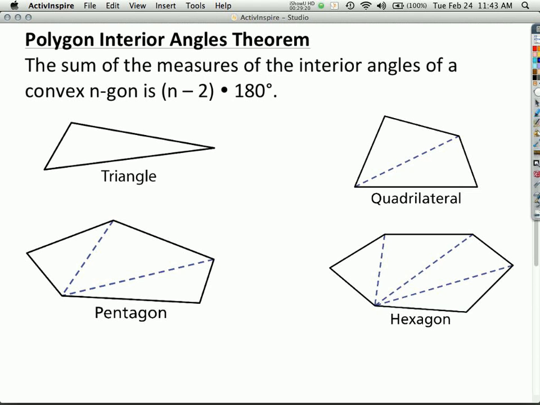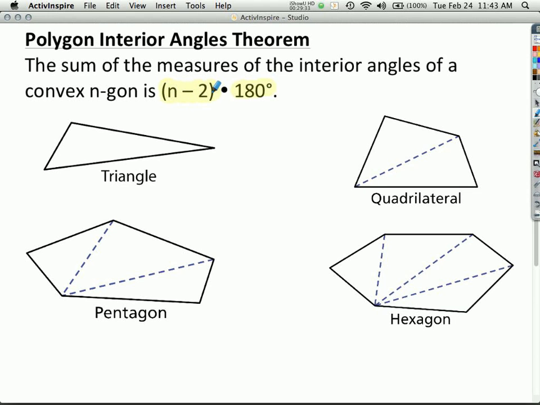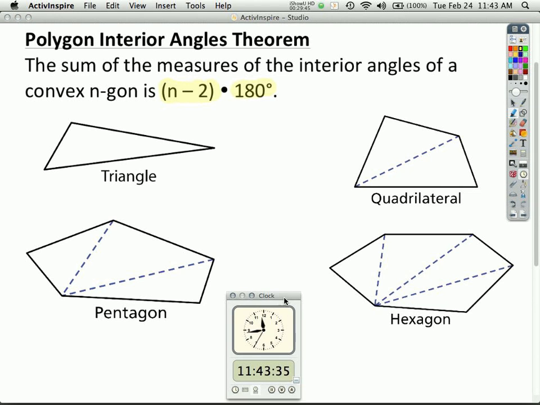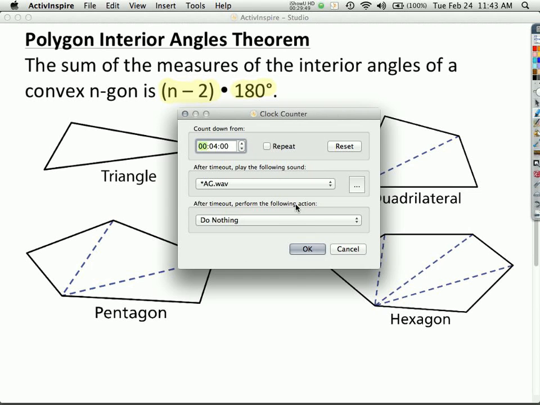And I'm going to give you 2 minutes, and I would like you to tell me, as a team, where does the 180 come from, and where does the n minus 2 come from? Where do these things come from? Why does this work the way it works? Use the pictures that I've provided for you as support for your theory.